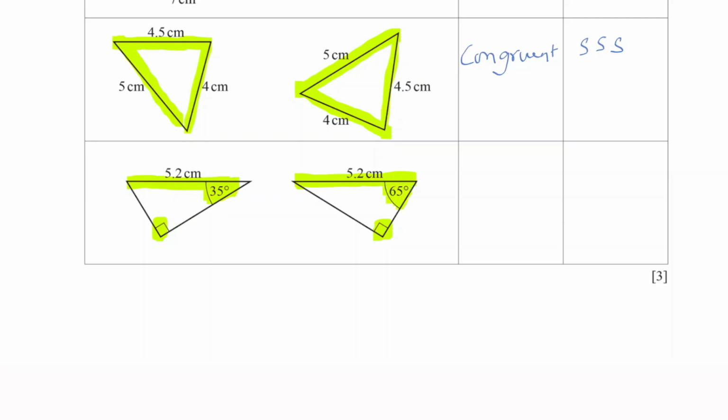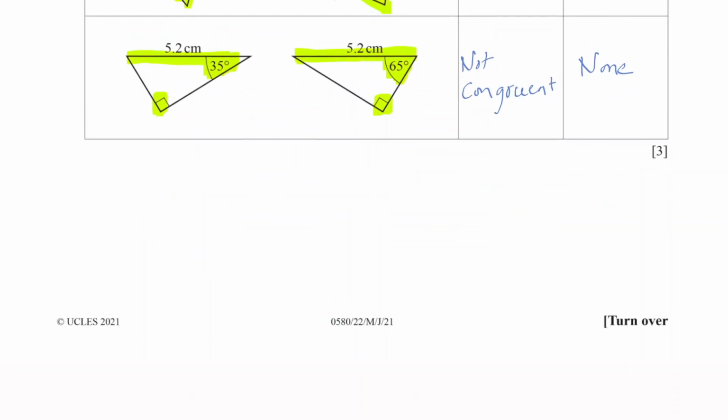That makes a difference, right? So it's not congruent. So we write not congruent, and we don't have any such property, so we'll write none. That's all. This will give you 3 marks.